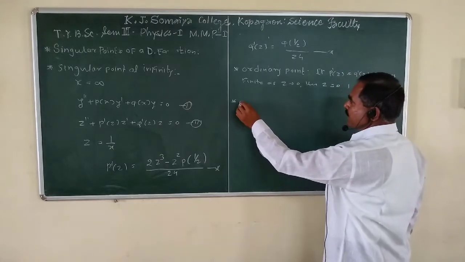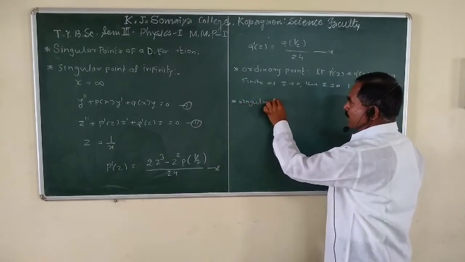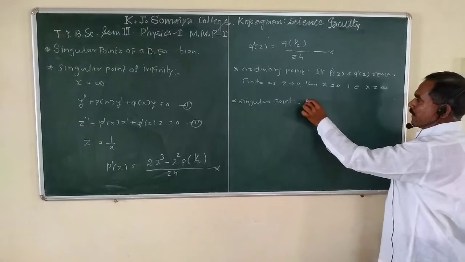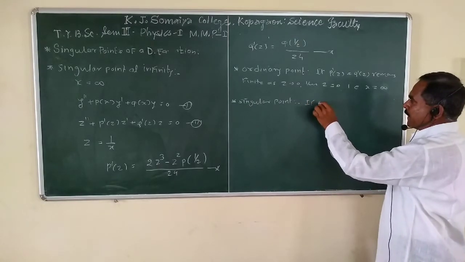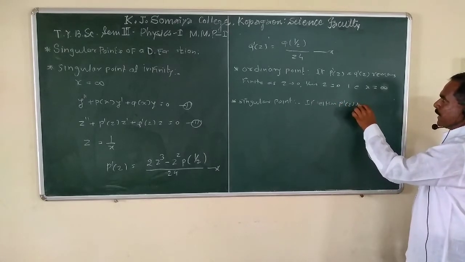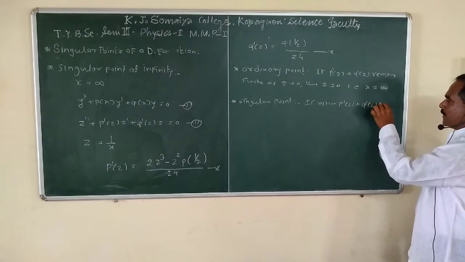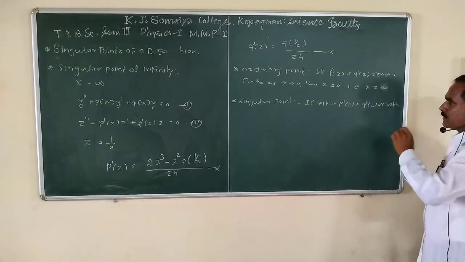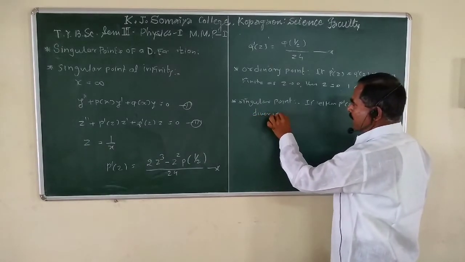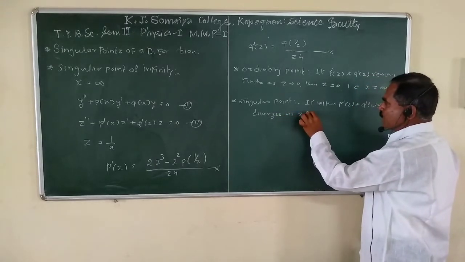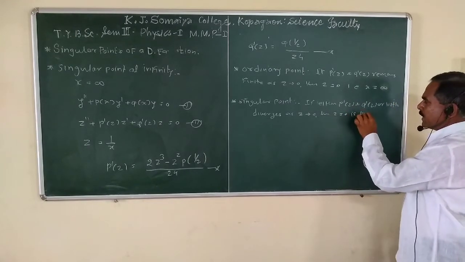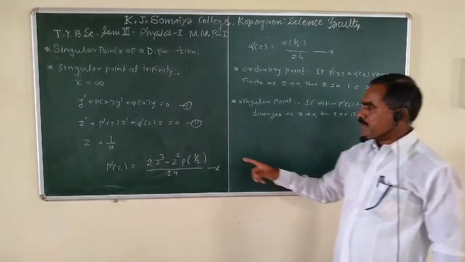Secondly, singular point. If either P dash Z or Q dash Z diverges as Z tends to 0, then Z equal to 0 is the singular point of equation second.